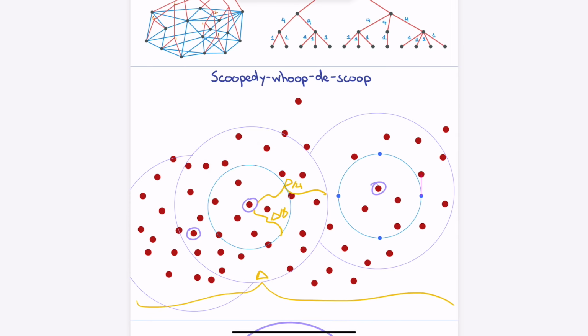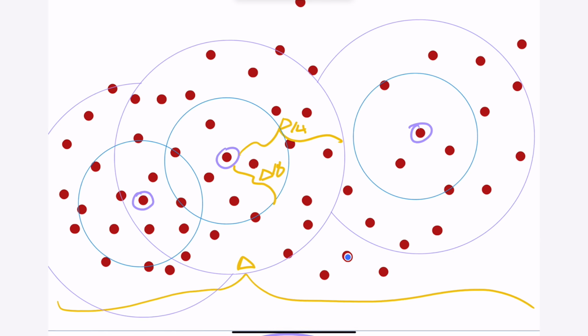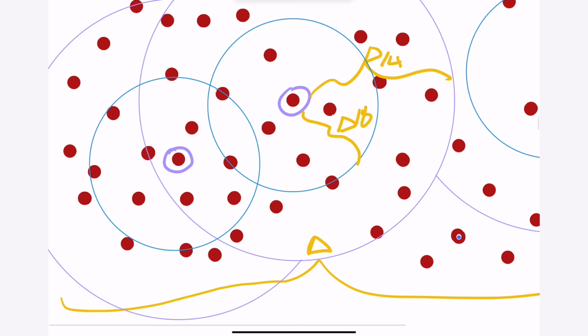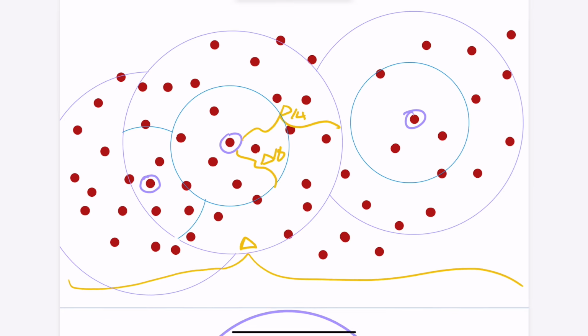And then scoop out another one. Scoop out another one. This is kind of overlapping. Something like this, and you keep going.